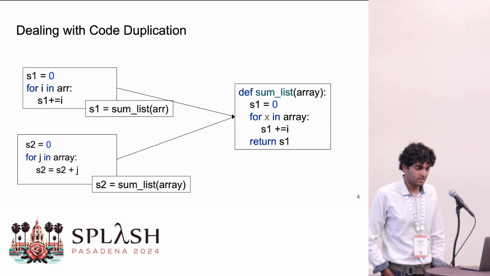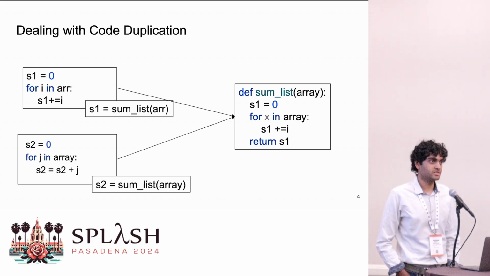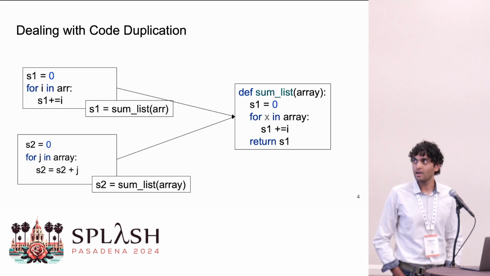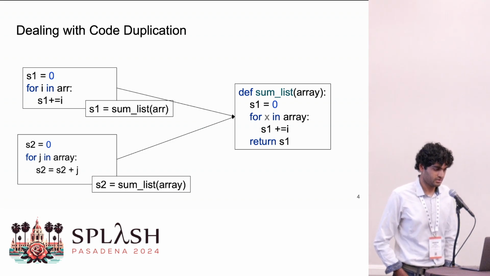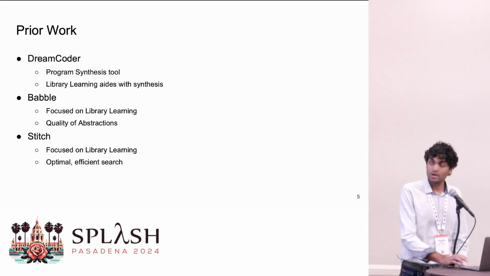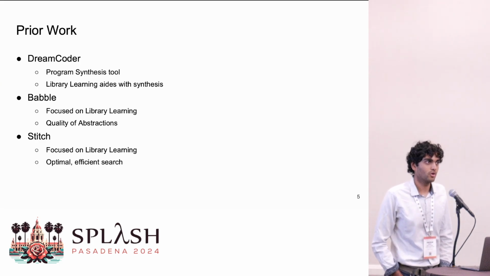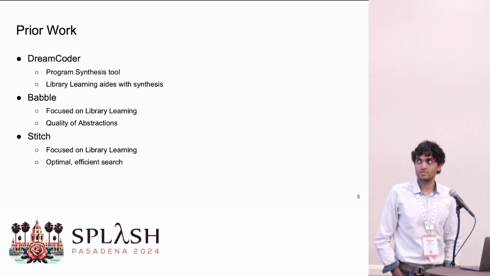Library learning is a solution that automatically does this. It automatically learns these reusable abstractions and applies them on target sites. Library learning was kicked off by this work from Dreamcoded, which used it as a part of its program synthesis goal.